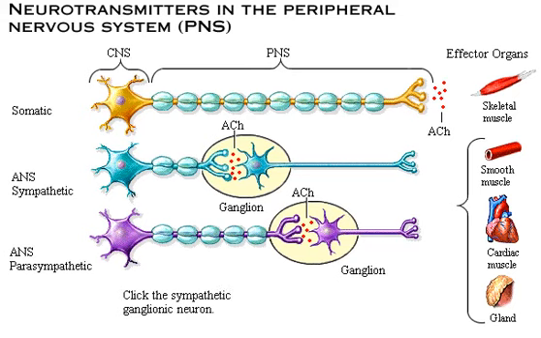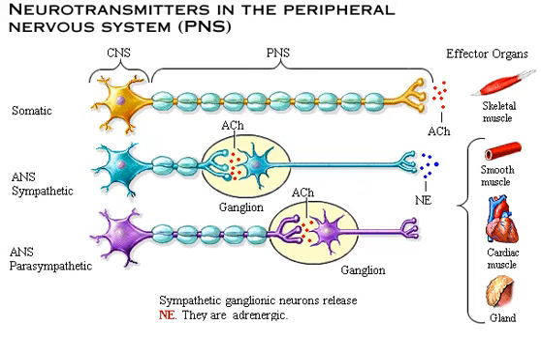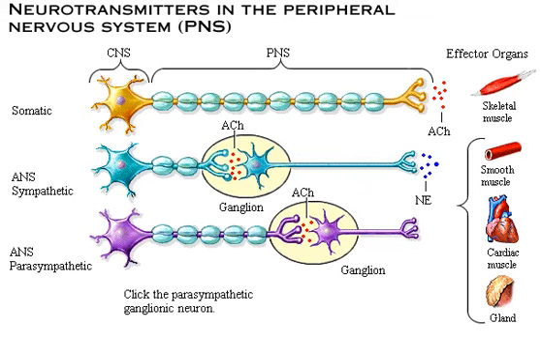Click the sympathetic ganglionic neuron. Sympathetic ganglionic neurons release norepinephrine. They are adrenergic. Click the parasympathetic ganglionic neuron.